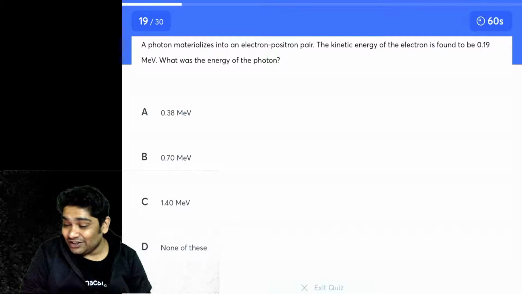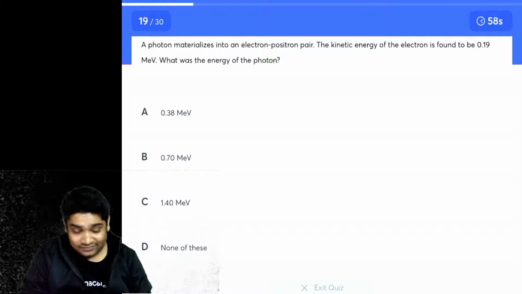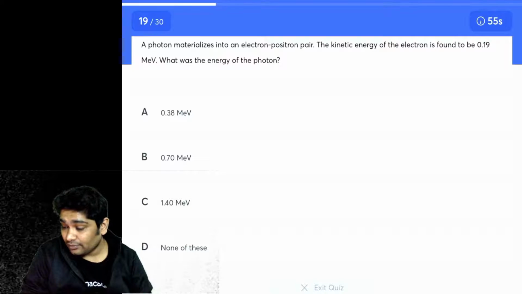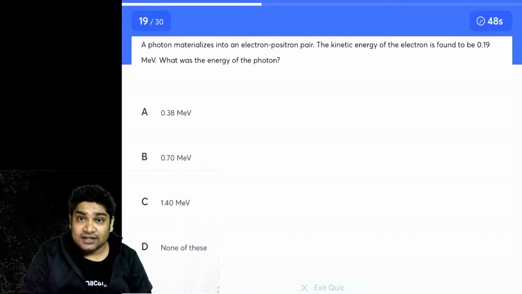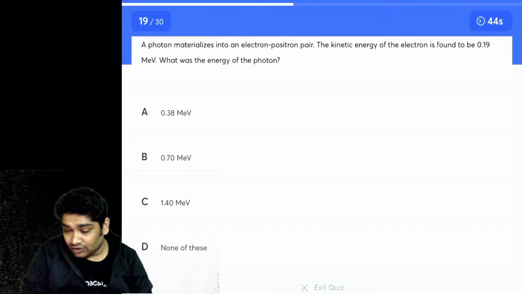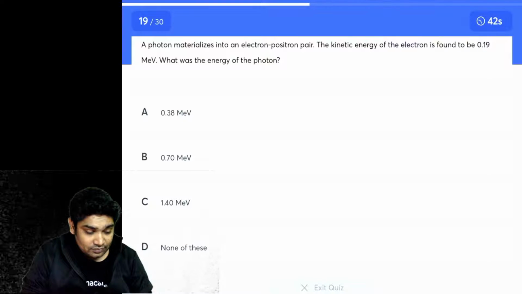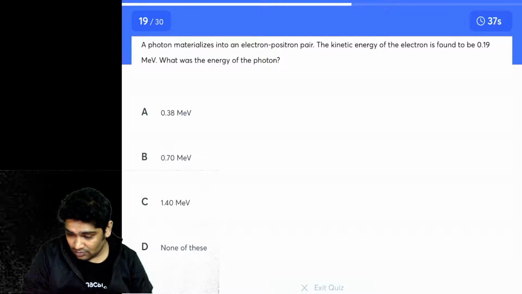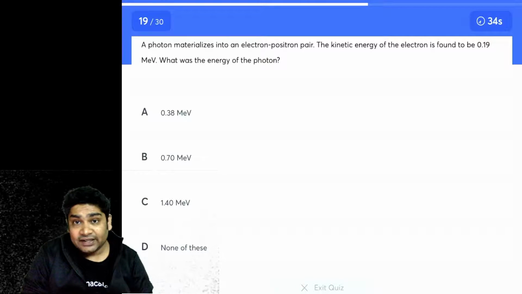What will be the energy of the photon? So think about this.